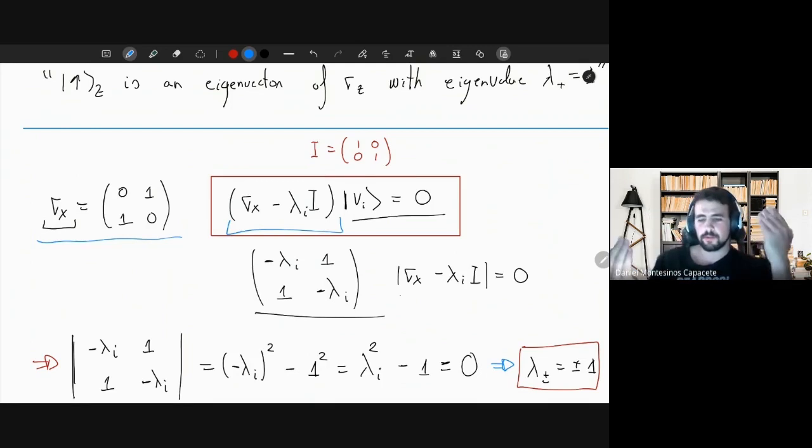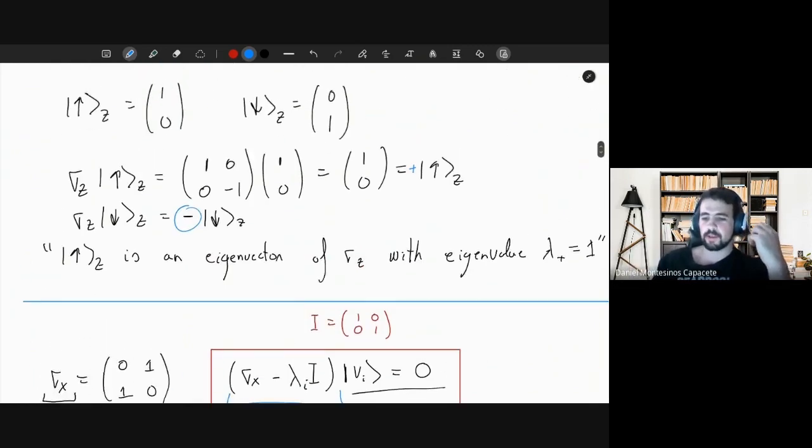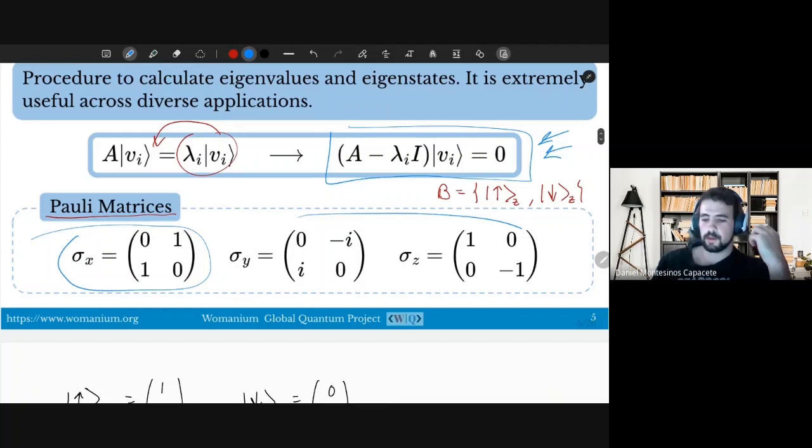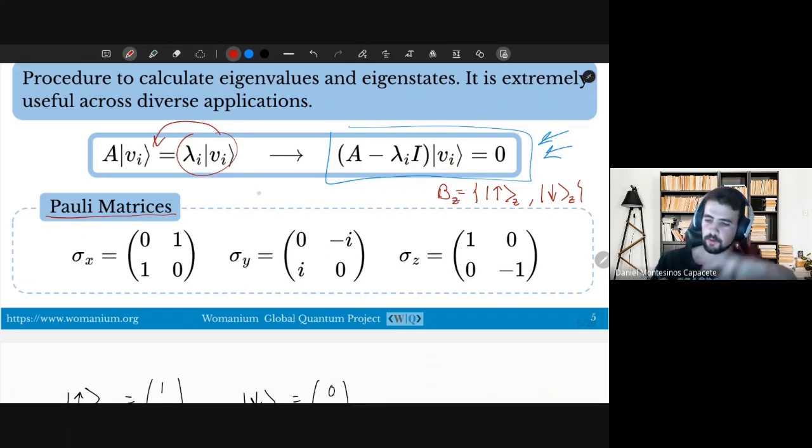So if we wanted to, we could now rewrite every operator. I mean, this sigma operator, we could rewrite in the other basis. If we call this the z basis, we could also write them in the other basis, like this basis here.